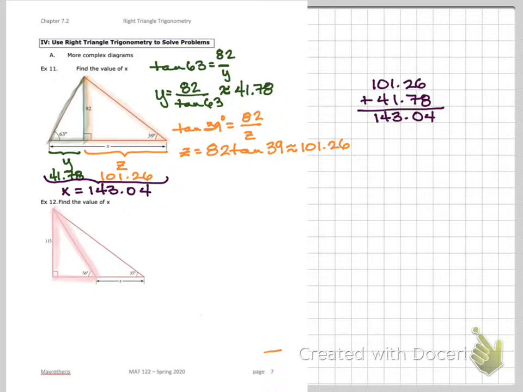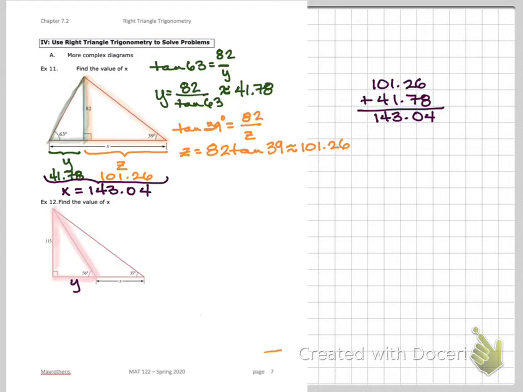Again, I am going to go ahead and name that side Y, just so I can keep track of what I've got going on. A lot of times when you've got multiple pieces in a triangle like this and you're not paying really close attention to which piece you're working with, it is incredibly easy to get them confused. So we want to try to avoid that.